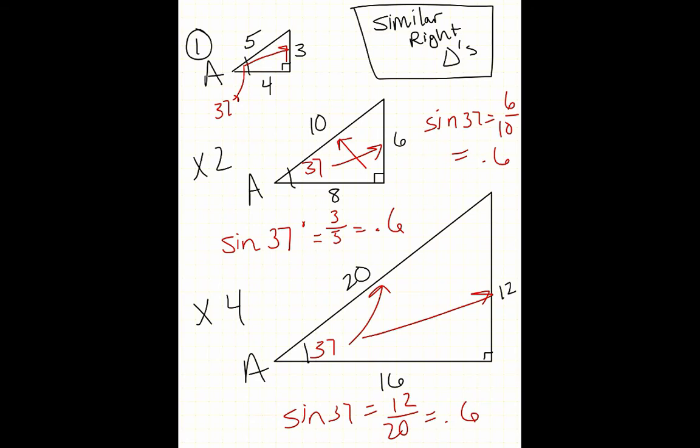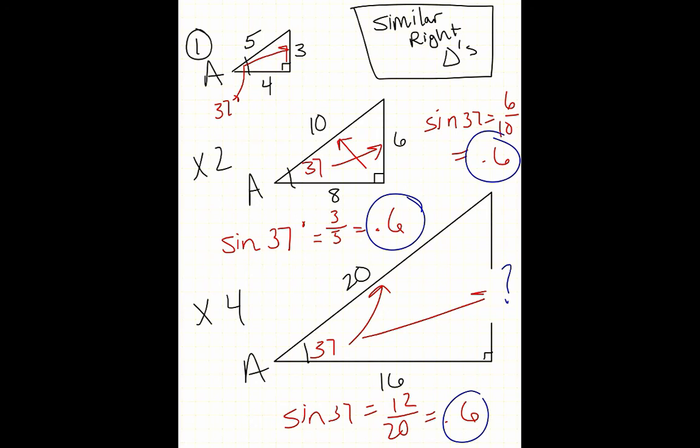The fact that this number always comes out for the sine of 37 means I can use that consistent ratio to help me find sides when maybe I didn't know that this side was 12 and I had to figure it out. And that's what I'm going to show you in the next couple examples.